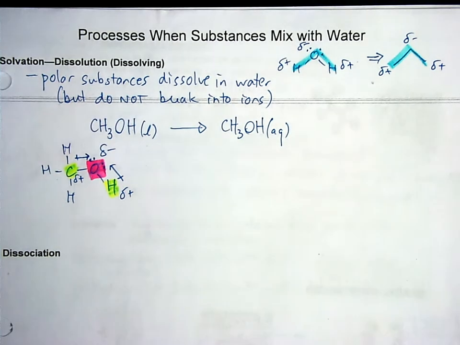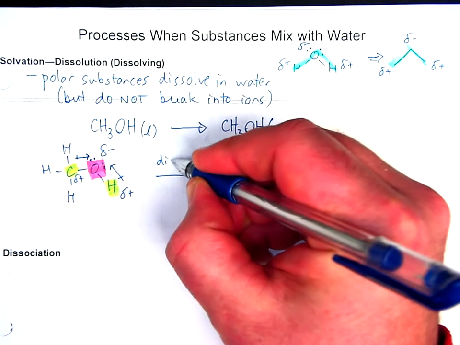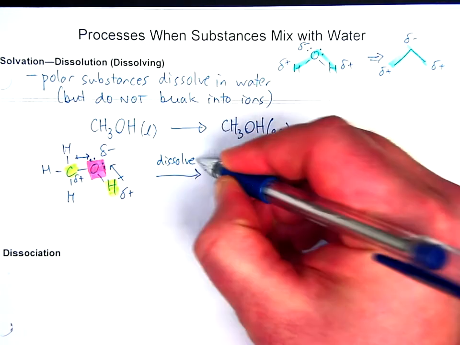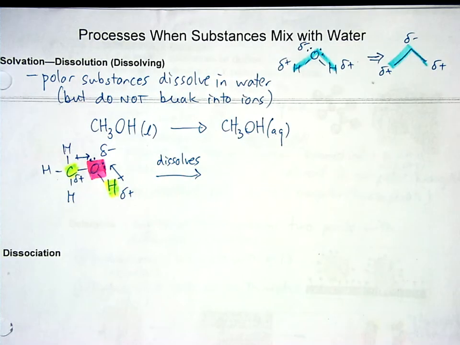So when it dissolves, water is going to have to interact with the methanol that comes into the solution in order for it to mix. Otherwise, if they don't interact, then they separate and do not form a mixture.